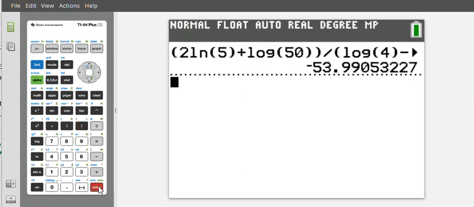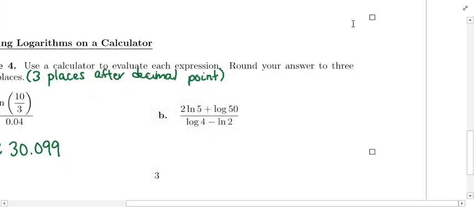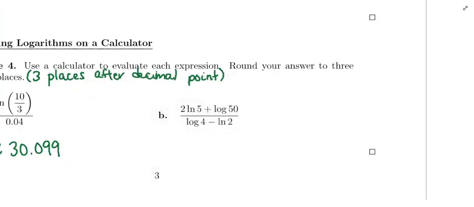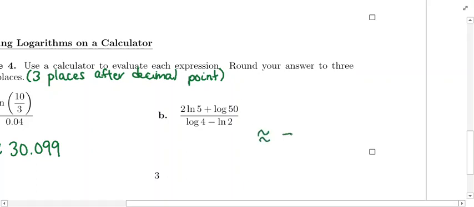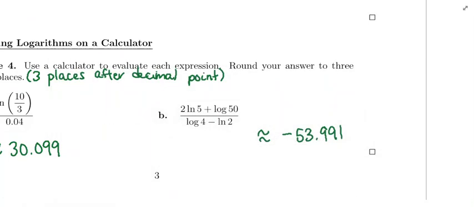We're going to round it to 3 places after the decimal point. So this is going to be negative 53.991. Let me write that down. That's what you should get as your approximation if you punch this in.